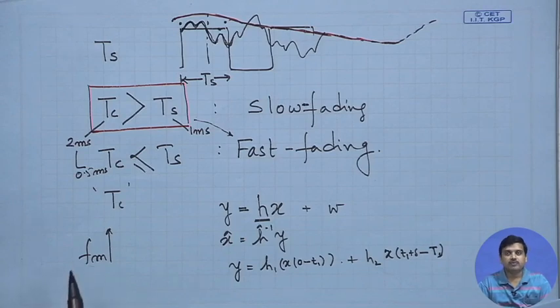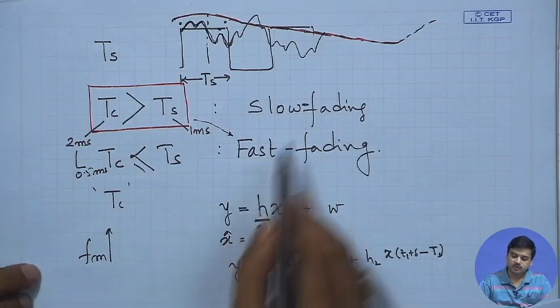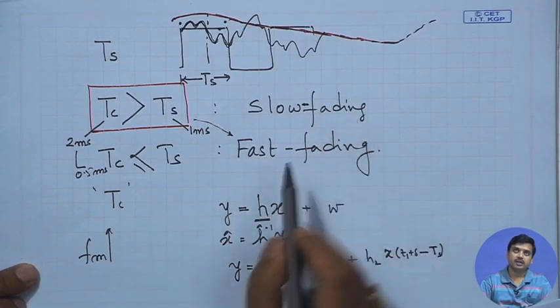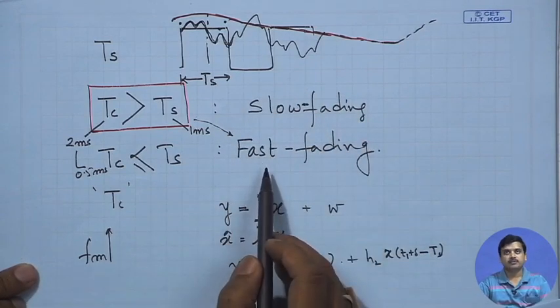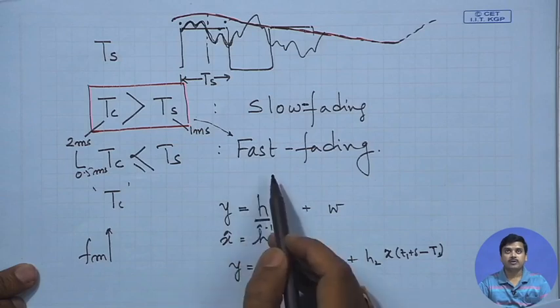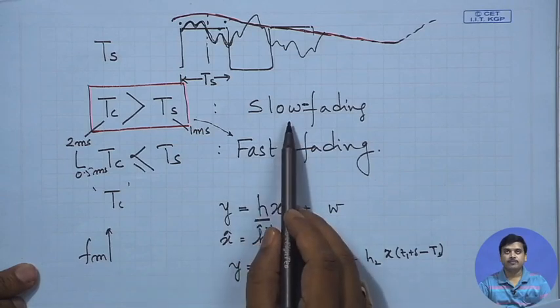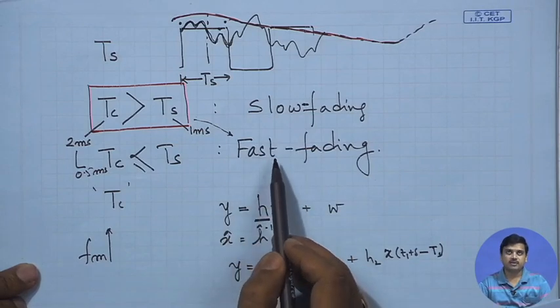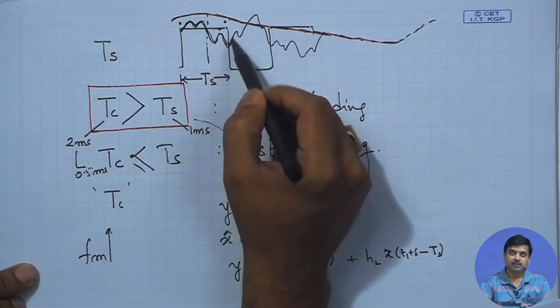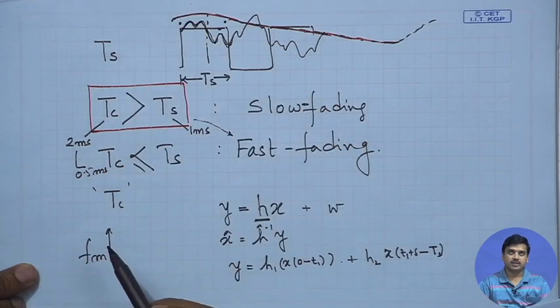So, typically we would like to design systems which would experience a slow fading condition rather than a fast fading condition. If you can't help creating a situation of fast fading, you would have to design advanced receivers which would be able to handle the fast fluctuation of signal strength.